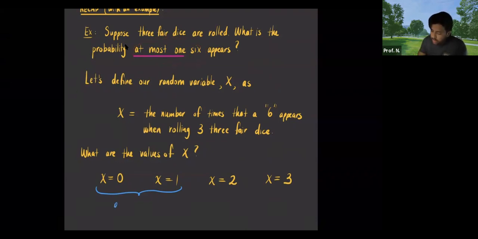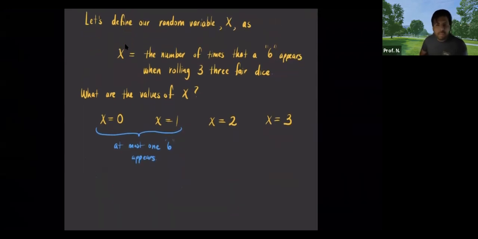So this includes at most 1, 6 appears. Now, so far we're breaking down our problem into defining a random variable very explicitly, which is probably the hardest part here, being able to identify and define a random variable, which we did. Now we know all the values of this random variable.